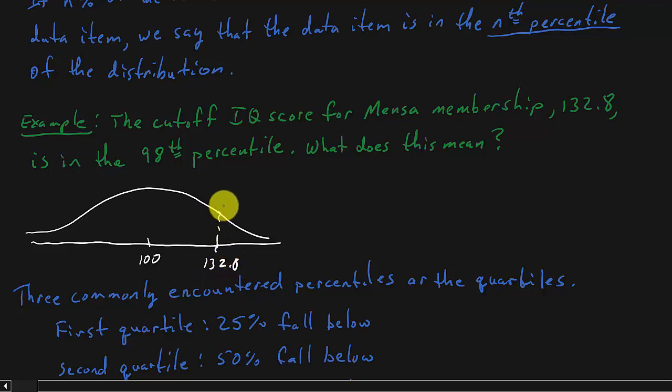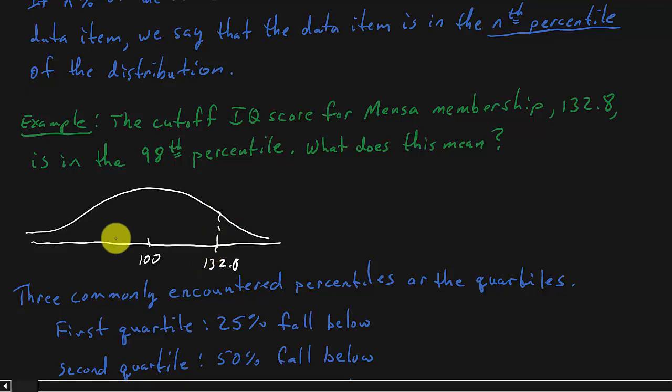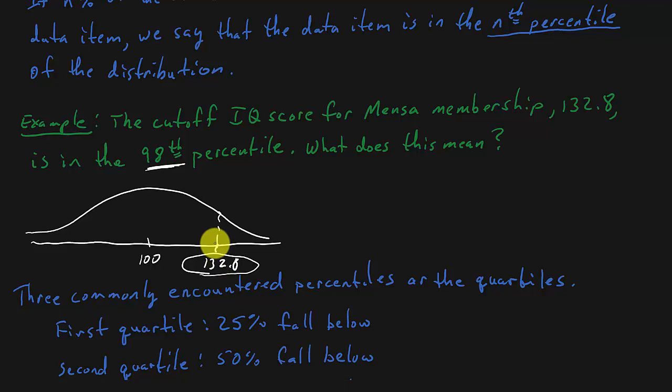So what that means is that 98% of IQ scores fall below this value here, because it's telling us it's in the 98th percentile. So 98% of scores fall below that score. So you can see if you make that score or above, you're doing pretty good.